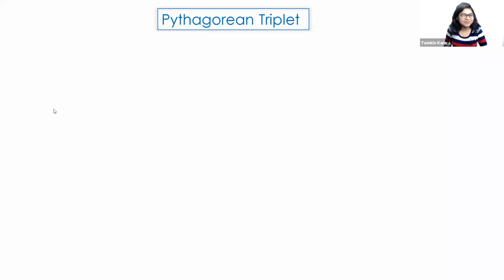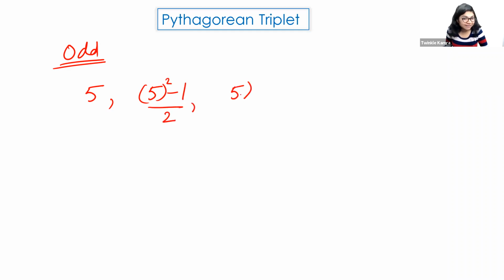Yes. So let's look at this. If I have an odd number, what is the case of an odd number? Let's take 5, right? For 5, what do you do? You square 5, you subtract 1, and then you divide by 2. I'll tell you the trick. You have 5, you square 5, you add 1, you divide by 2. So what are you getting? It is simple.